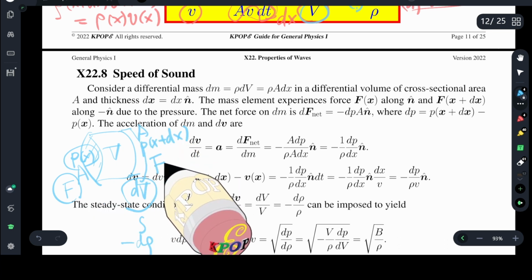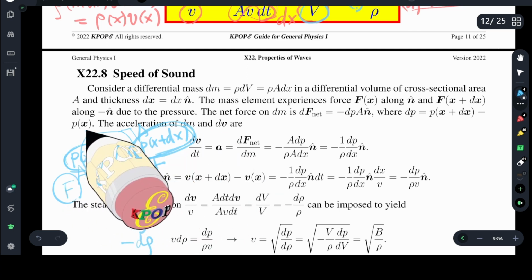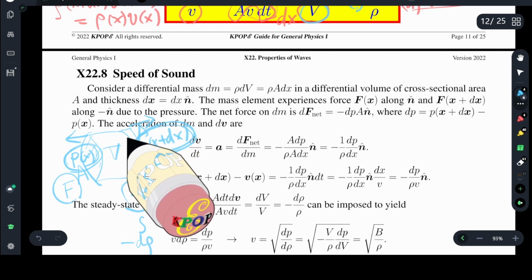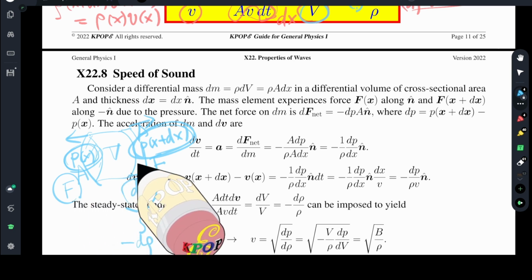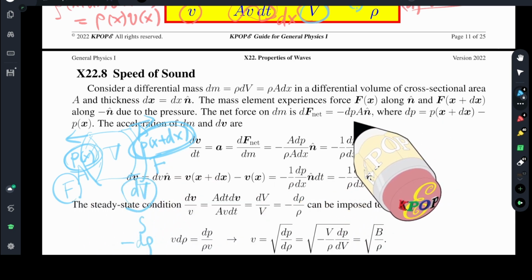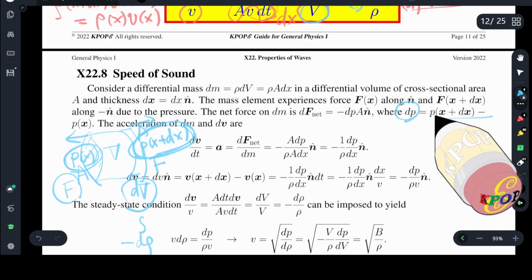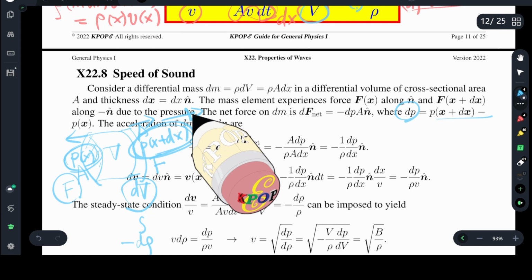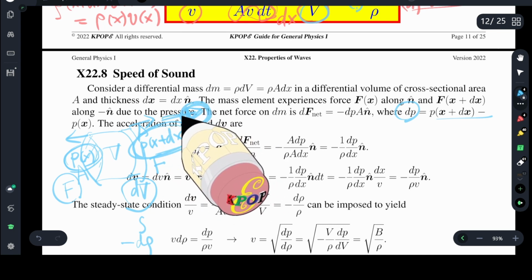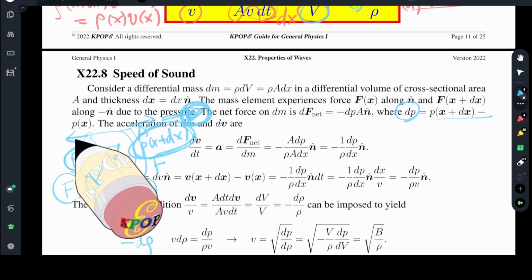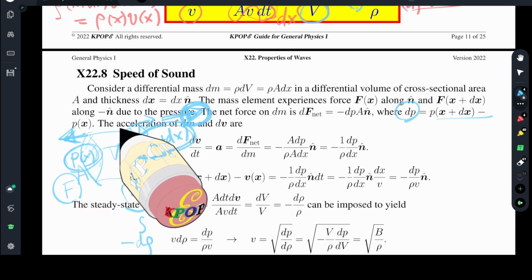The problem is that pressure does not have a direction, but a surface has a direction. They are opposite. If I add these two multiplied by area, then I have the difference in pressure. For P at x plus dx, the normal direction is this way. On the left side, the normal direction of the surface is to the left, so they are opposite.